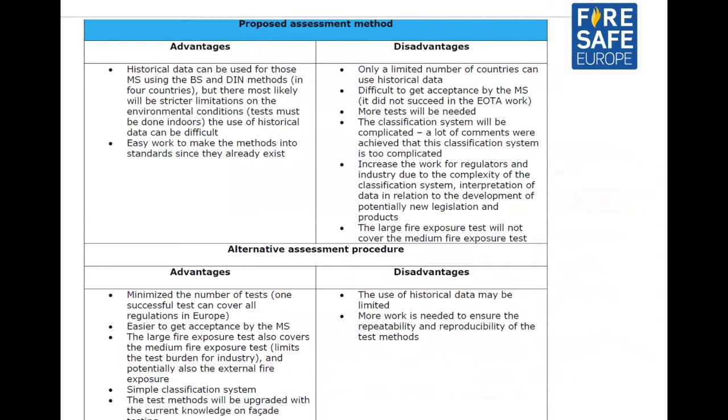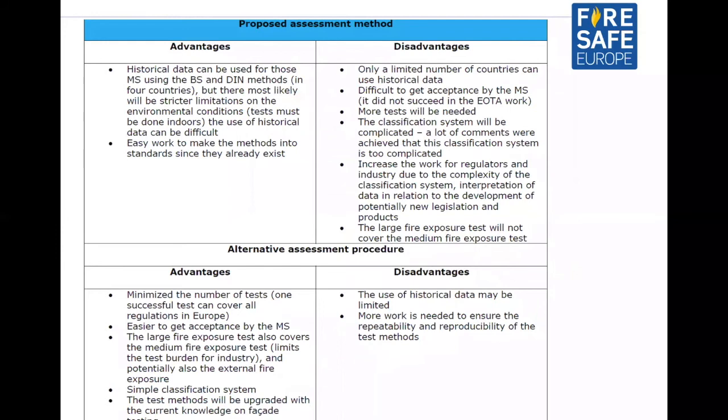If we then go to the alternative assessment method, here we can first look at the advantages. We will minimize the number of tests to be carried out. One successful test can cover all the regulations in Europe. We think it will be easier to get acceptance by the member states also for this alternative assessment procedure.